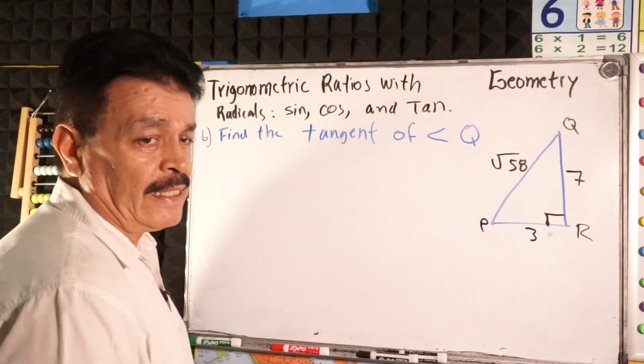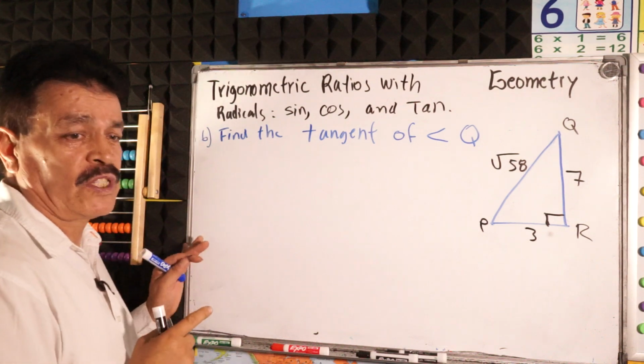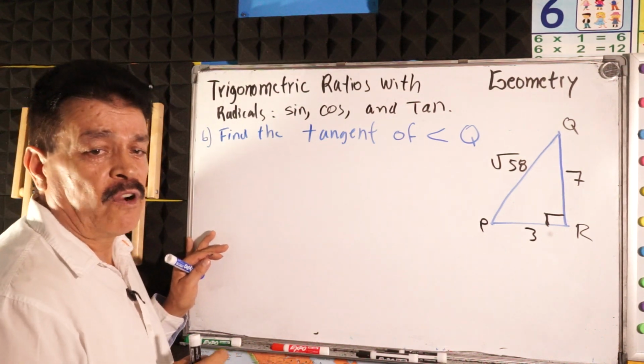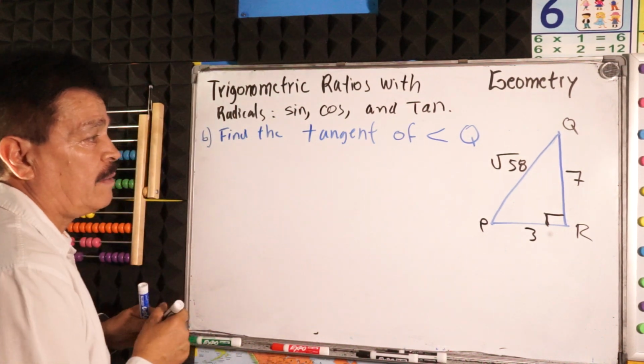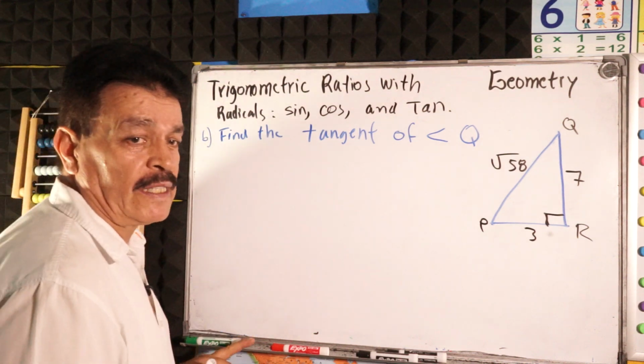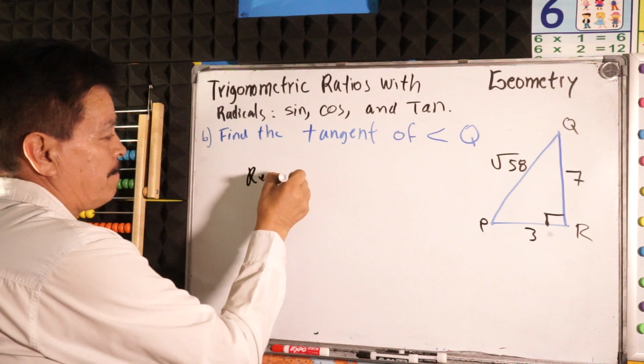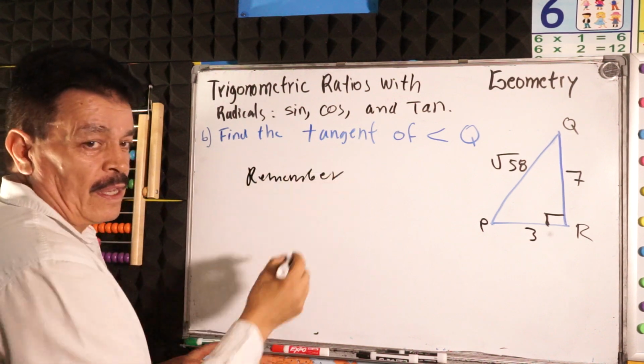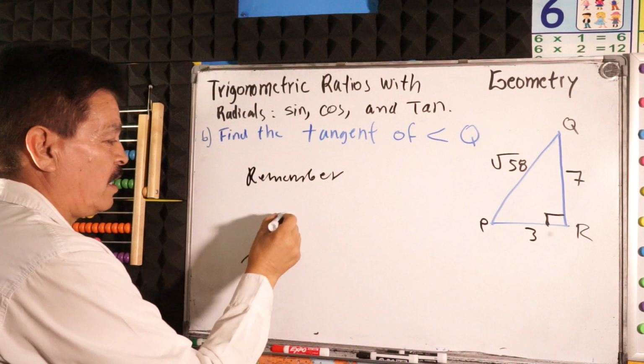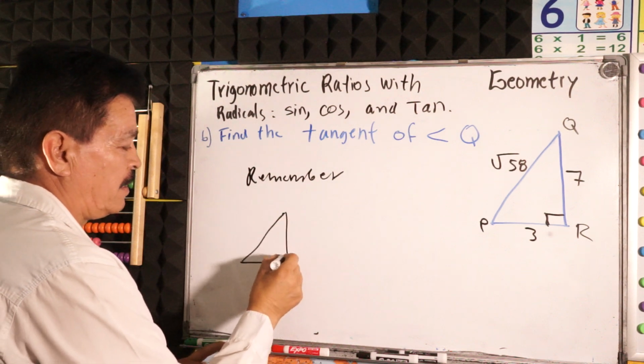All right, so next step. We have to take the formula for the tangent. What is the formula for the tangent? Remember, we are talking about a right triangle.